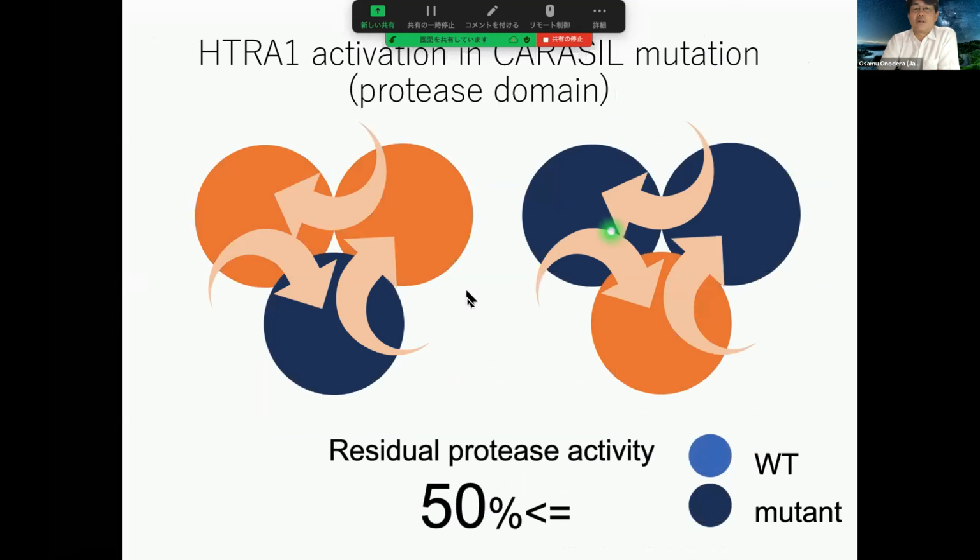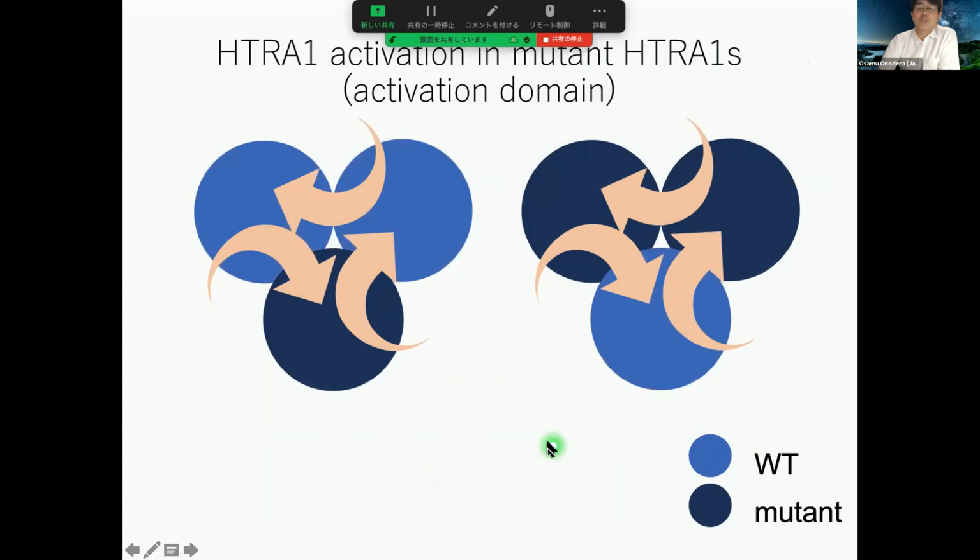So the mutants which cause CARASIL just lost the protease activity only, but they activate the neighboring HTRA1. And therefore, in the heterozygote state, they still have 50% of the residual protease activity. But the mutations which have been found in the symptomatic carriers could not activate the neighboring HTRA1.